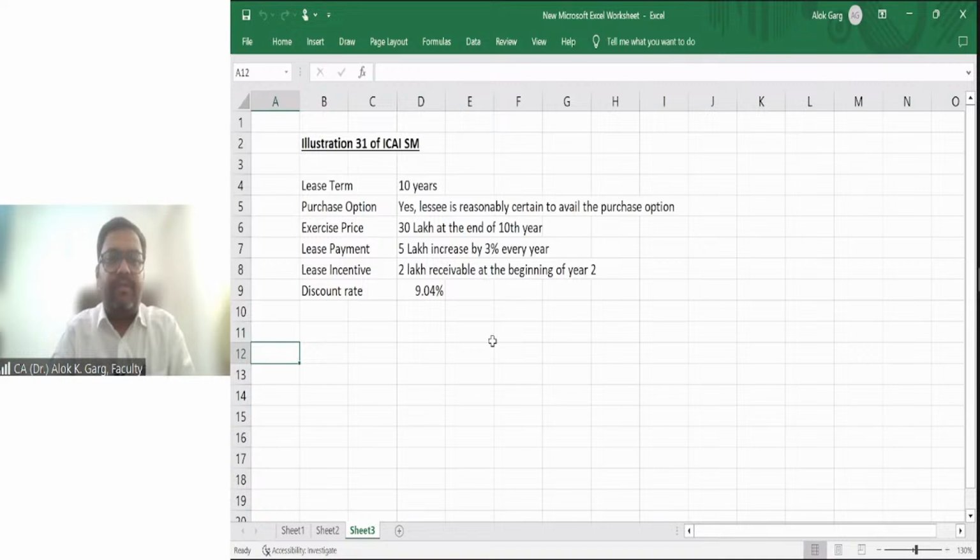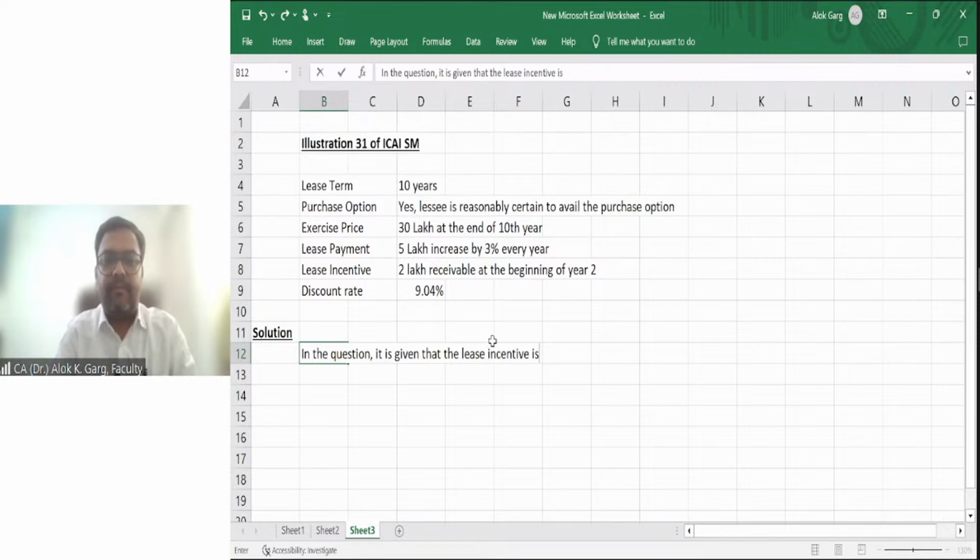Solution. Now we will solve this question. In the question, it is given that the lease incentive is payable by the lessor at the beginning of year 2.